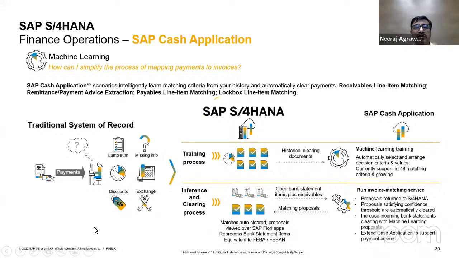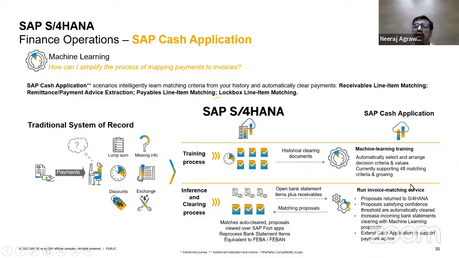When the payments are coming in from the customers, we are just searching out the discounts, exchange, and what all is happening, but with the intelligence in there, everything can be handled by the system. It can match the invoices with your payments automatically and save a lot of time.